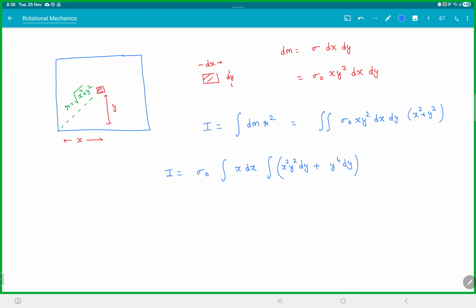So here the y limits will go from 0 to a. Then here x limits will go from 0 to a. So in this integral, while integrating for dy, treat x as constant.